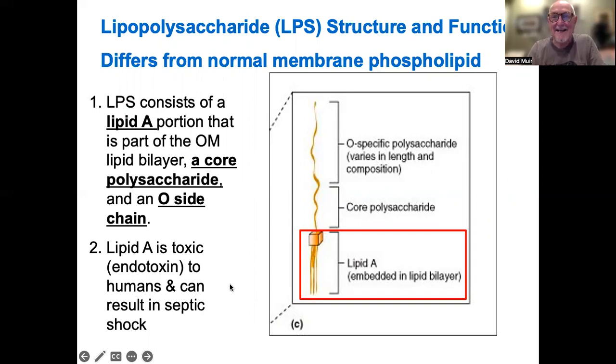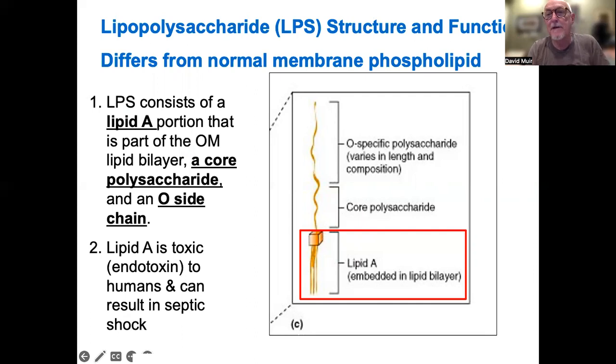But it's this lipid A that functions as an endotoxin. An endotoxin is something which is inherently part of bacterial structure, which when it is liberated, acts as a toxin in the host. And in the case of gram-negative bacteria, clinical treatment has to be done extremely judiciously.